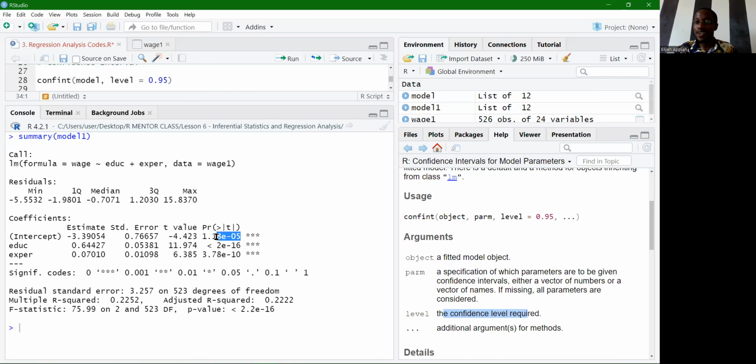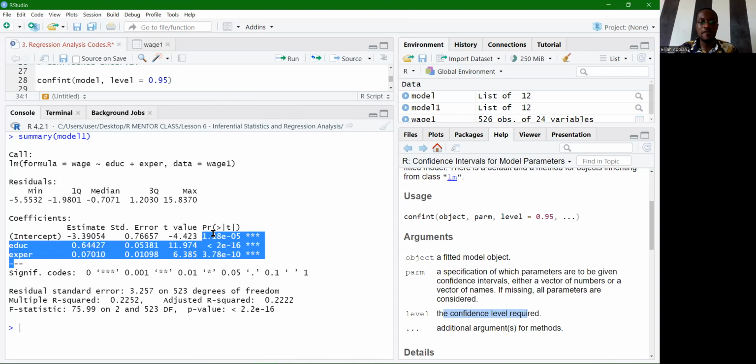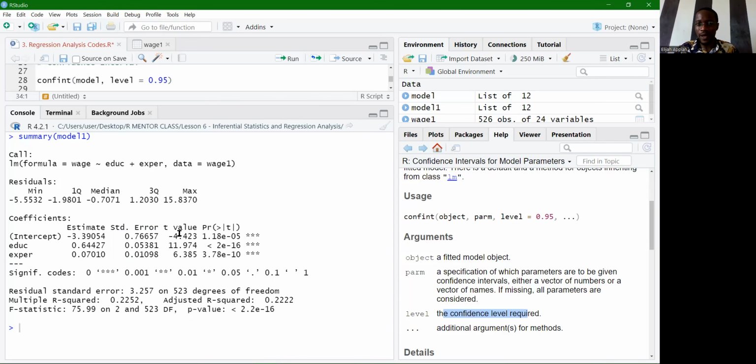It's even less than 0.01, and 0.01 means a 99% confidence level. So you can reject this null hypothesis at the 1% level and conclude that the intercept is significant at 1%. The coefficient for education is also significant at 1%, and the coefficient of experience is also significant at 1% as well. So these are very, very significant estimates that we have derived from the data we had.